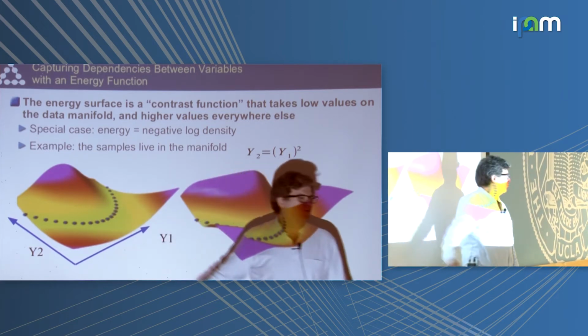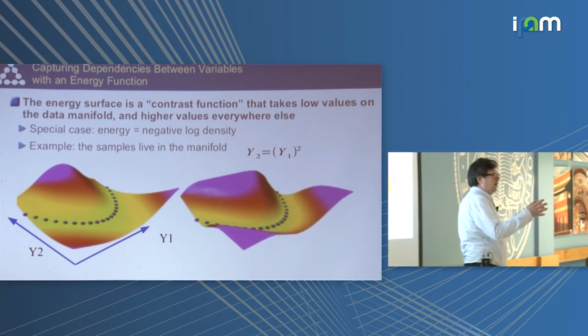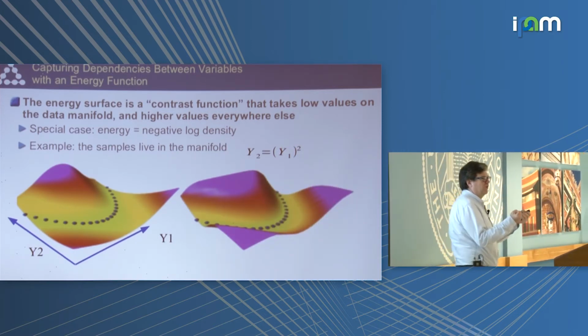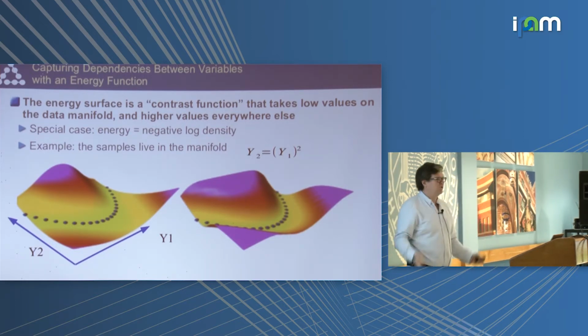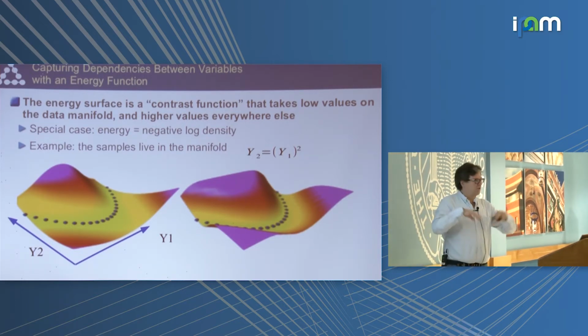Imagine our learning machine is just a box that takes input vectors, let's call them y, and produces a single scalar value that tells you y looks genuine, or y looks implausible. That's a contrast function.